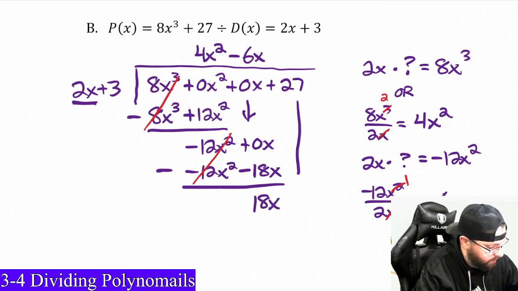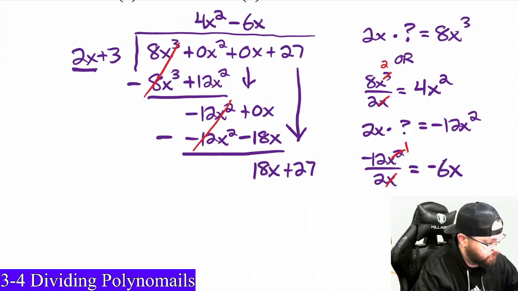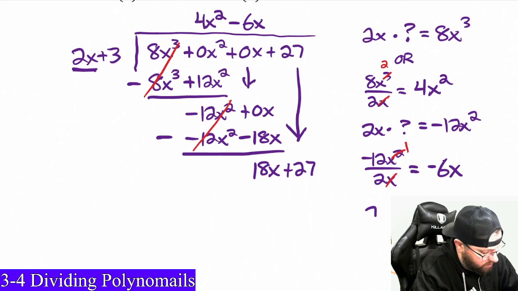Okay, we're going to bring that 27 down, and we're going to continue the process here. We got 1 left. Now we're saying, what do I need to take 2x times to get an 18x?